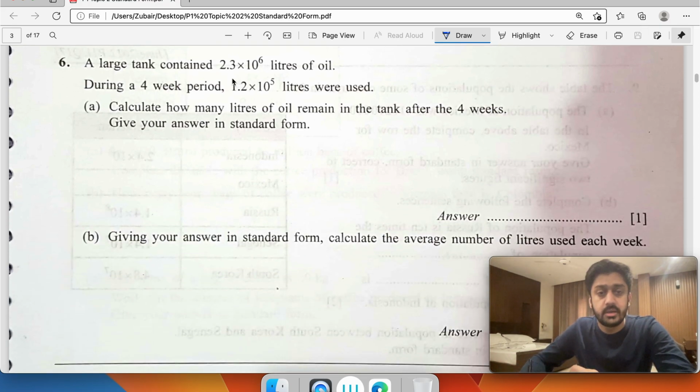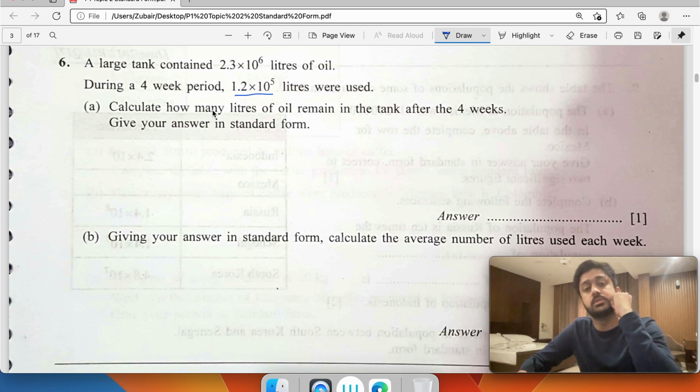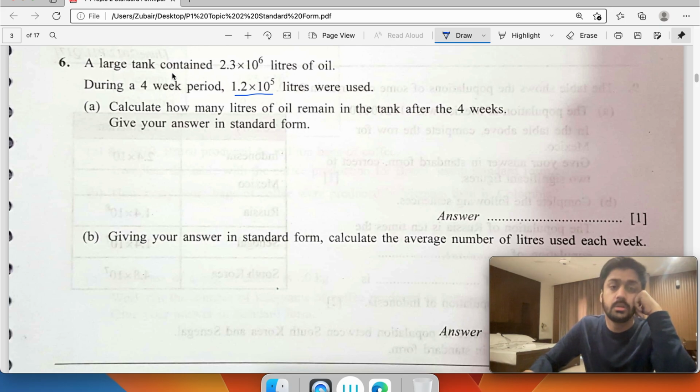A large tank contains 2.6 into 10 raised to power 6 liters of oil. During a 4-week period, 1.2 into 10 raised to 5 liters were used. Calculate how many liters of oil remain in the tank after 4 weeks. Give your answer in standard form. So total minus used.